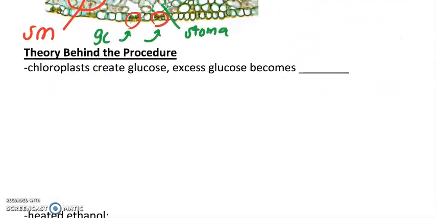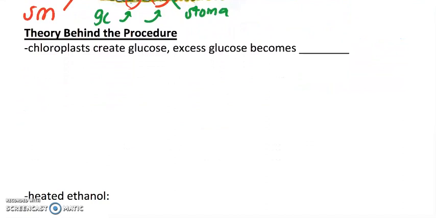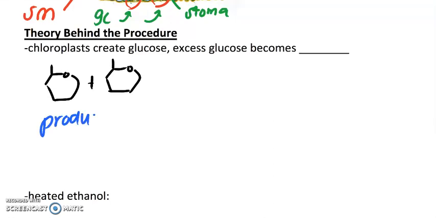Okay, so for today's lab, we are going to react starch with a leaf, and that's because we know that excess glucose, so if you have these monomers and put them together, these are products from photosynthesis.